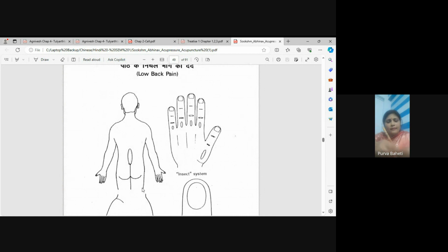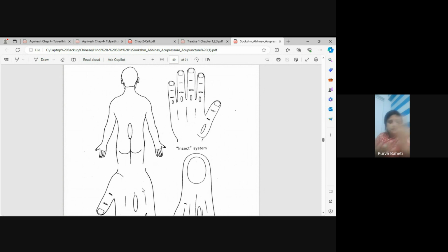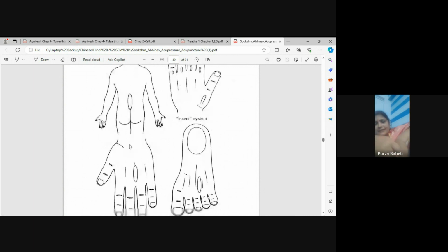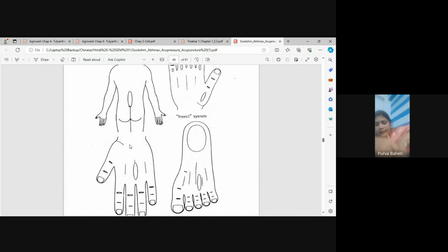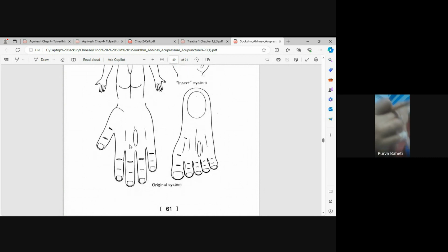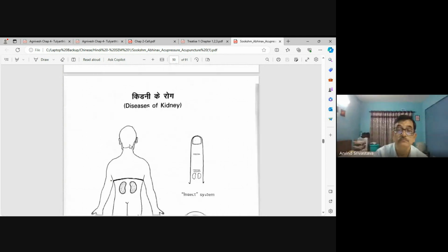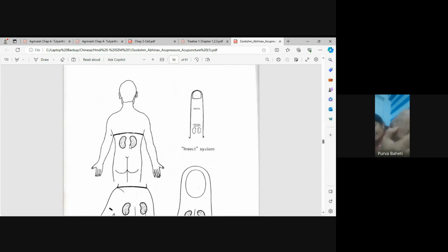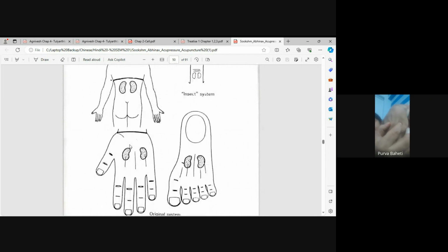Lower back. As I told you, this is our front portion. Now we are coming to our back. This is our back, so this is our lower back, above our legs. It's this portion. And these are our kidneys. Kidneys here. Can you see it now? Yes, you can see it, and you can visualize it.